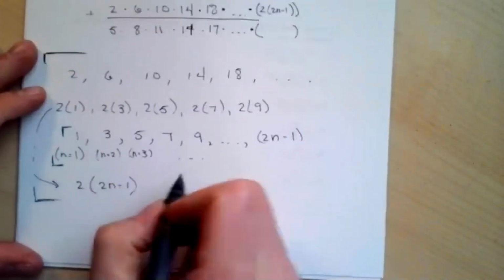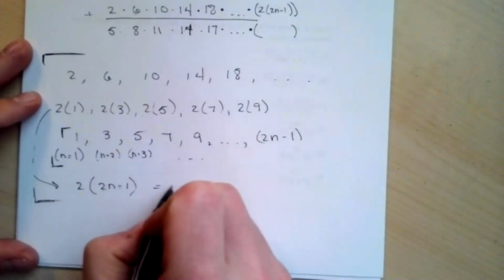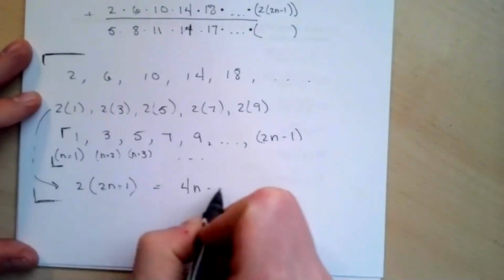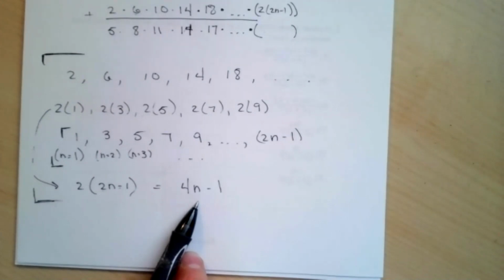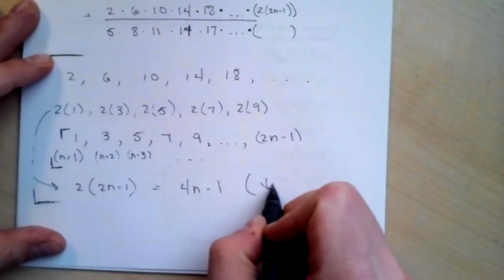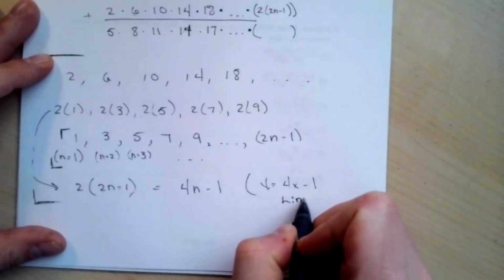So let's take a look at this. I guess maybe we can expand this out if we want to look a little deeper into it. 4n minus 1. If I wrote y equals 4x minus 1, what type of equation is that? It's just a linear equation.